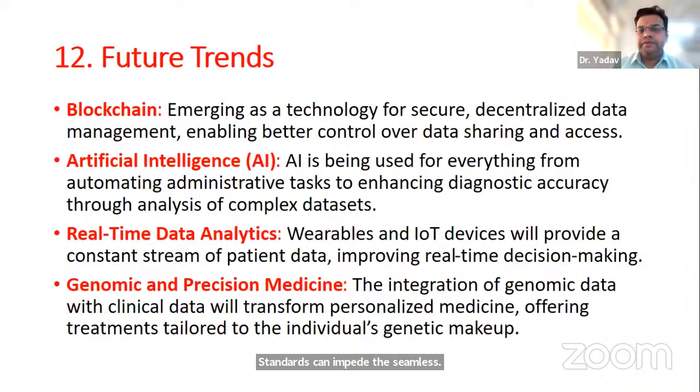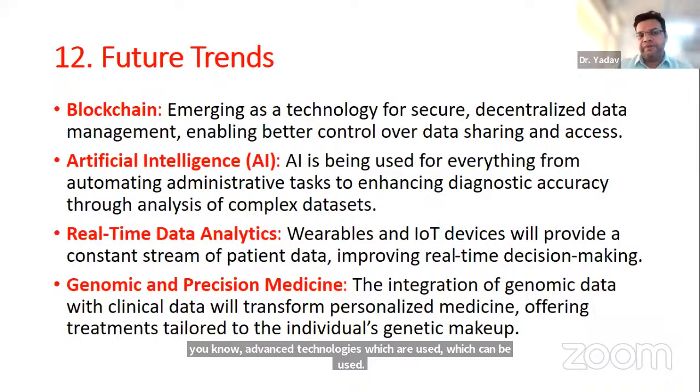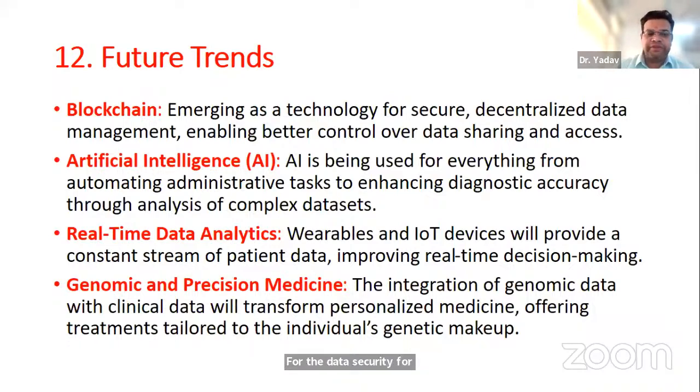Okay, now I'm talking about the future trends or advanced technologies which can be used for the data security, for the data analytics, and the other tools for the data management.